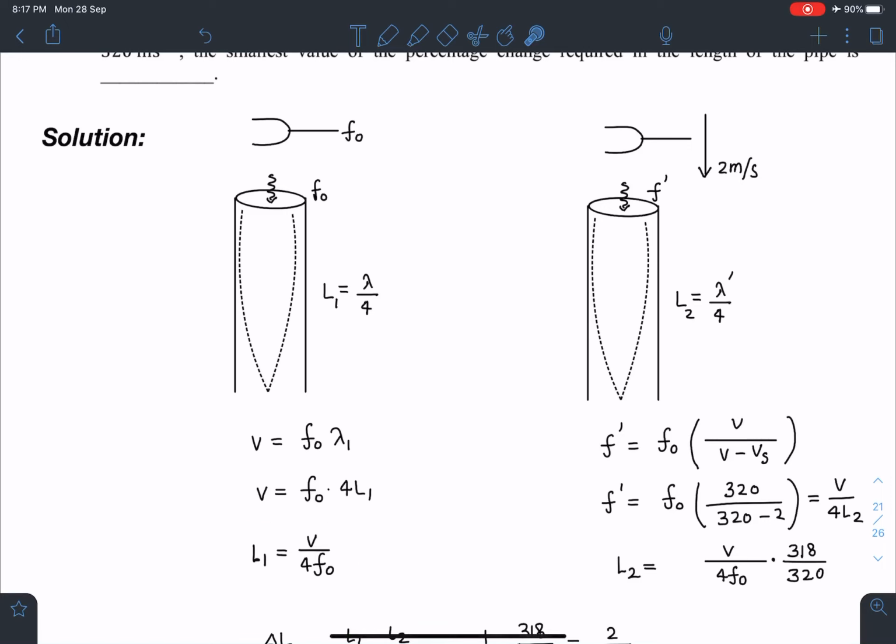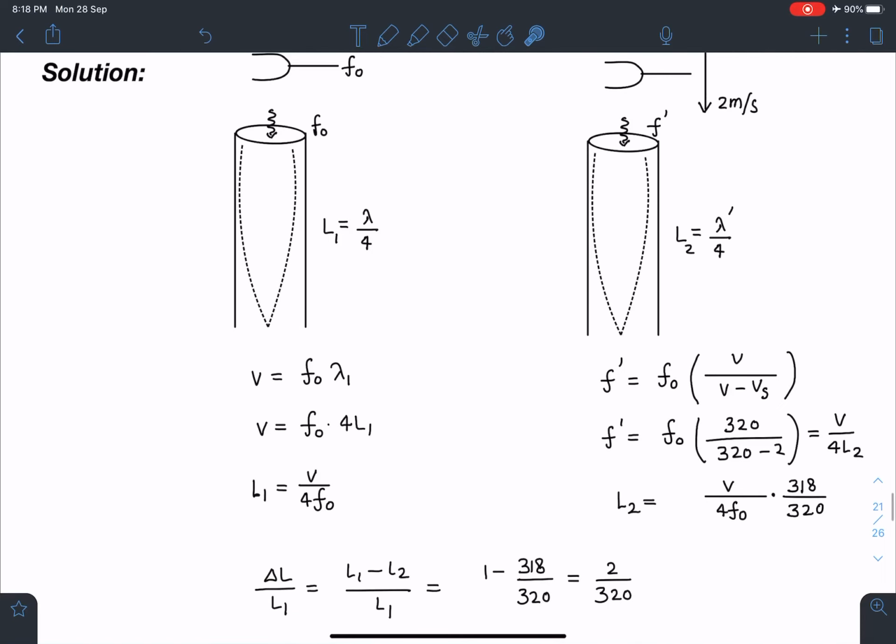Now when I'm moving this tuning fork towards the pipe with 2 meters per second, the frequency received by this pipe will change according to the Doppler law. So the new frequency is F0 V by V minus Vs. This value should also be equal to V by 4L2, similar to the previous logic, where L2 is the new length for resonance to occur.